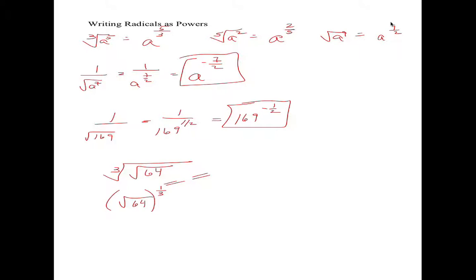So if I have 64 raised to the 1/2 power, and then we raise it to the 1/3, because of our power of a power rule, I can multiply them together. So 64 to the 1/2 times 1/3 gives me 64 to the 1 over 2 times 3, which is 1/6. So therefore, it is equal to the sixth root of 64. And then you could continue to evaluate that if needed.